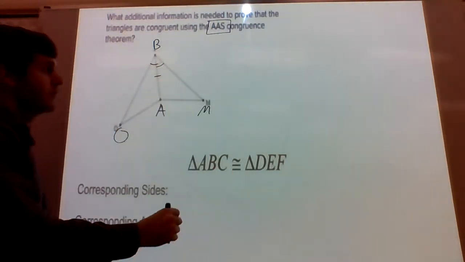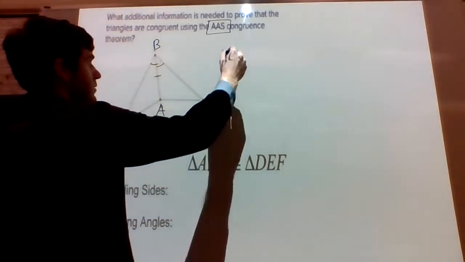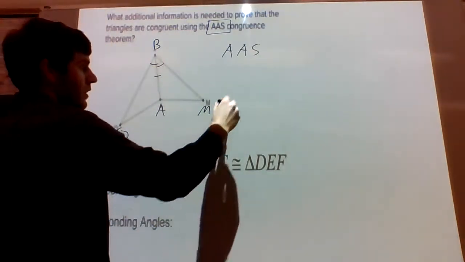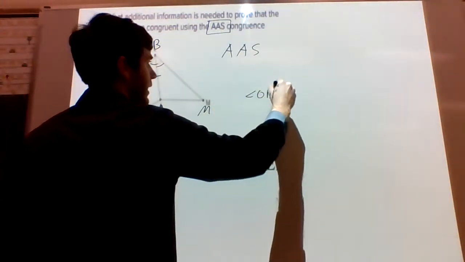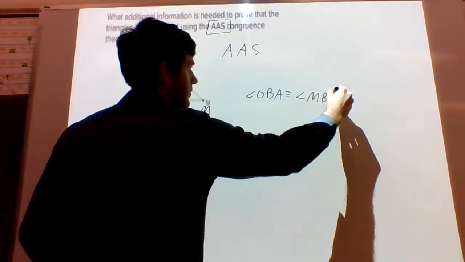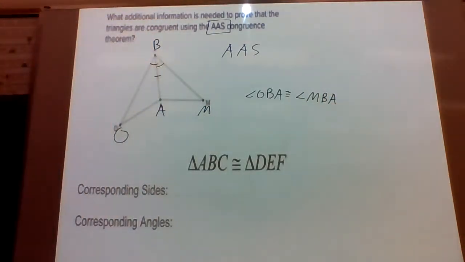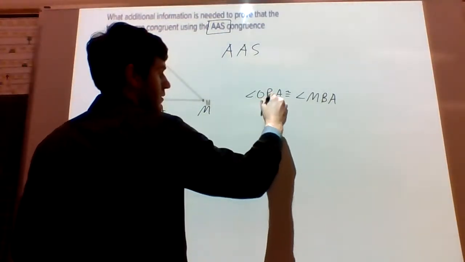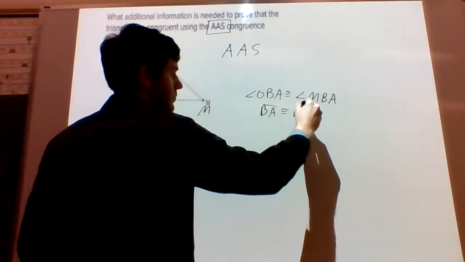So what we're trying to prove is by angle-side. Okay, we have that angle OBA is congruent to angle MBA. And we have that BA is congruent to BA.